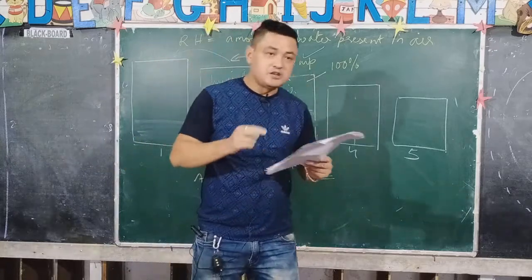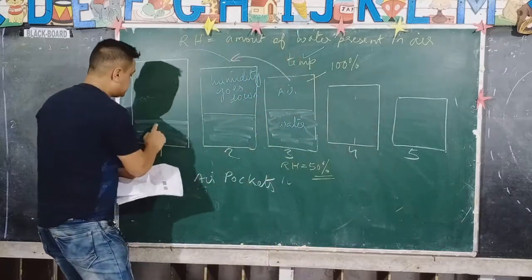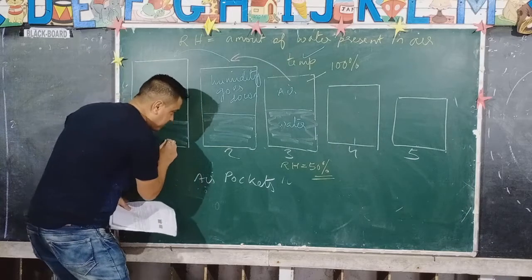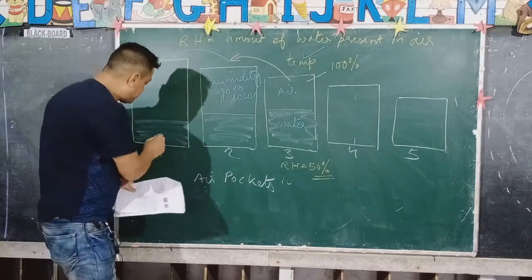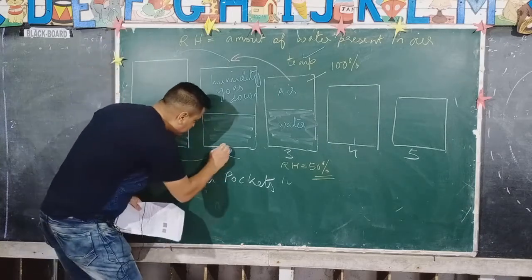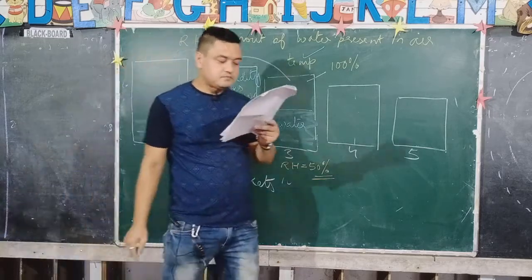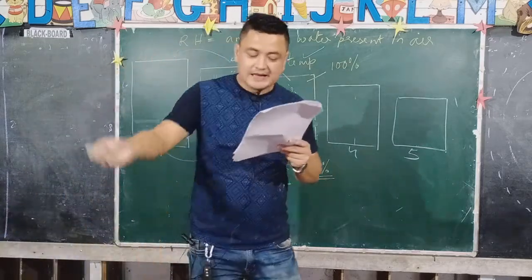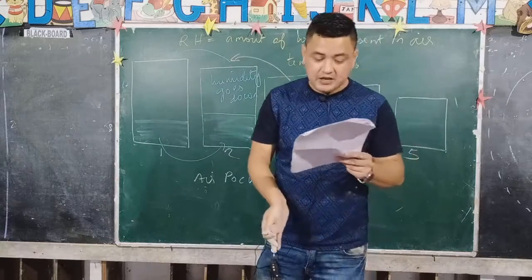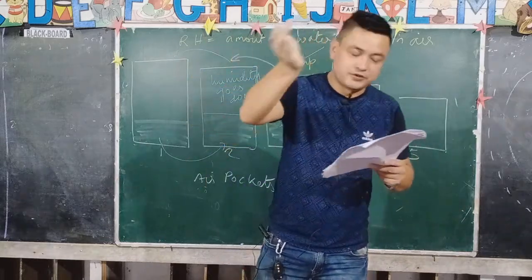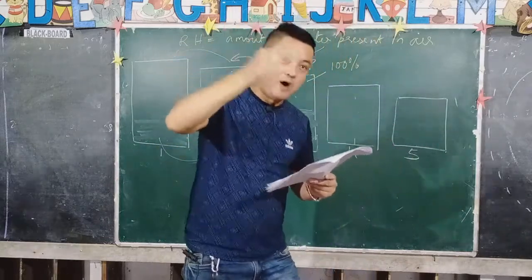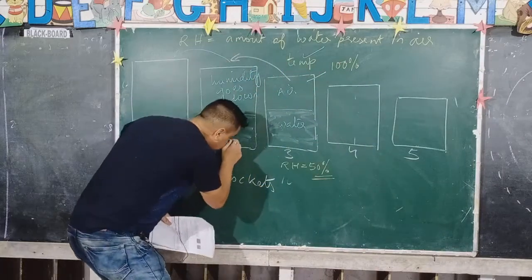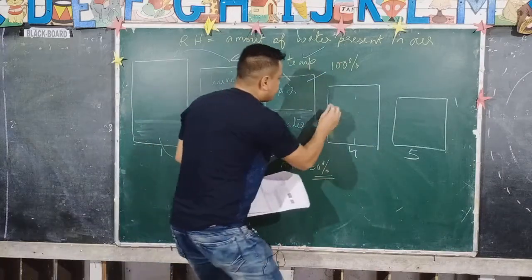So what happens if we cool this air again? If we cool down, what will happen? The volume decreases as well as the space. The proportion of water vapor is going to increase from pocket 1 to pocket 2, then pocket 3, then pocket 4.